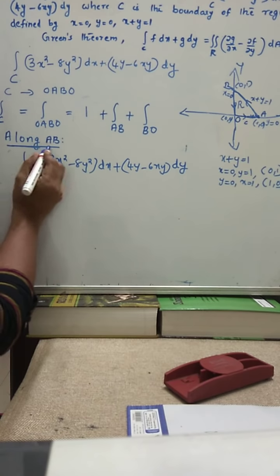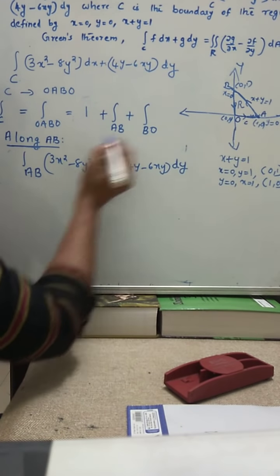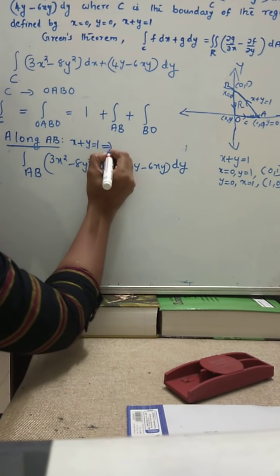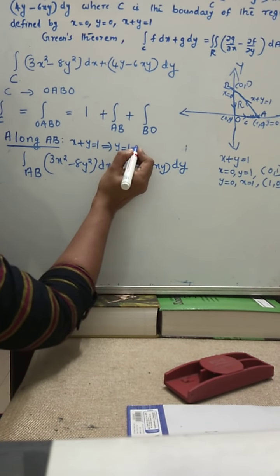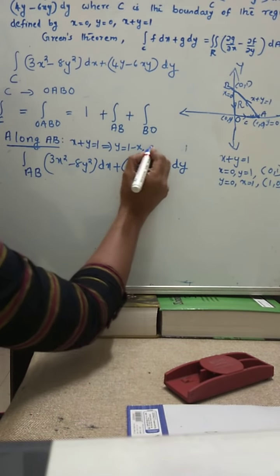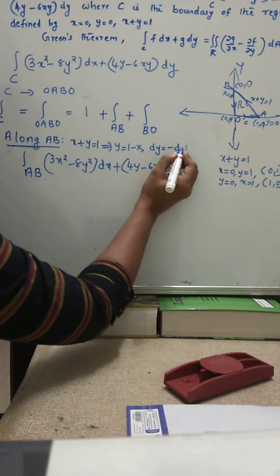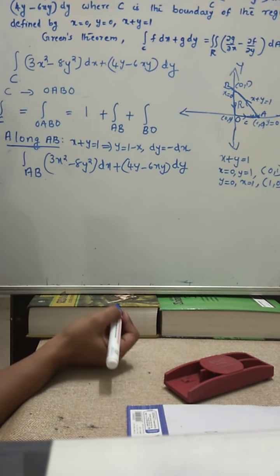Along AB the line is given by x + y = 1. From this you can write y = 1 − x. Also, differentiating both sides, we get dy = −dx.